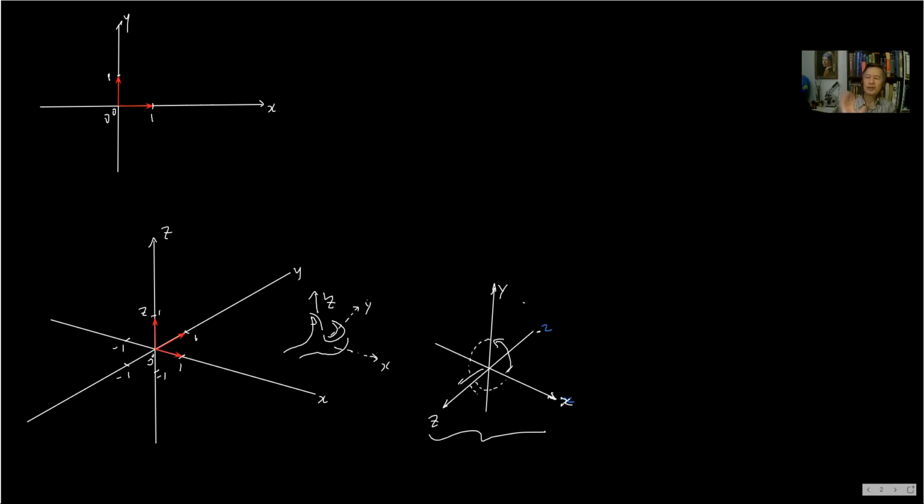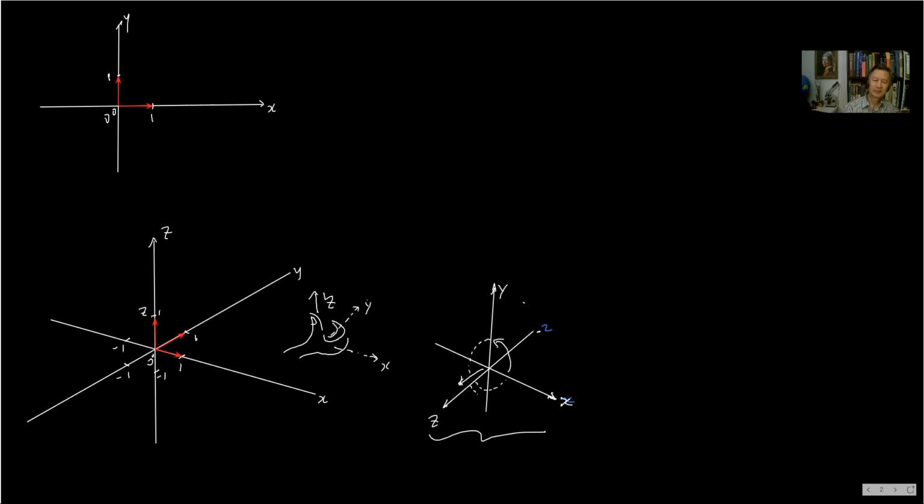When we use the right hand rule, we just follow the circle, isn't it? From x to y axis. Do you agree? If you use the right hand, the thumb will always give you the direction of z.